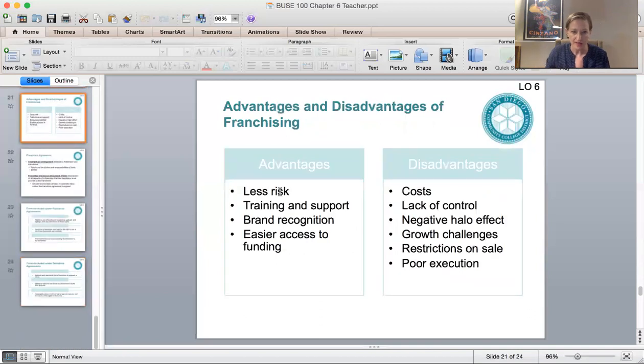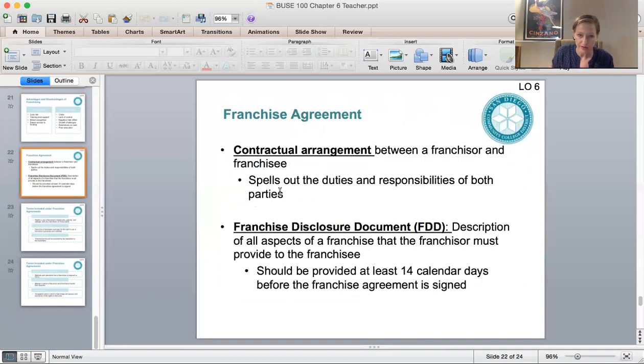Like I said, there are many advantages and disadvantages as noted here. And under the FTC, or Federal Trade Commission, rules, the franchisor has to give the franchisee at least 14 calendar days to review the FDD, which is the franchise disclosure document, which is a description of just everything in the franchise.